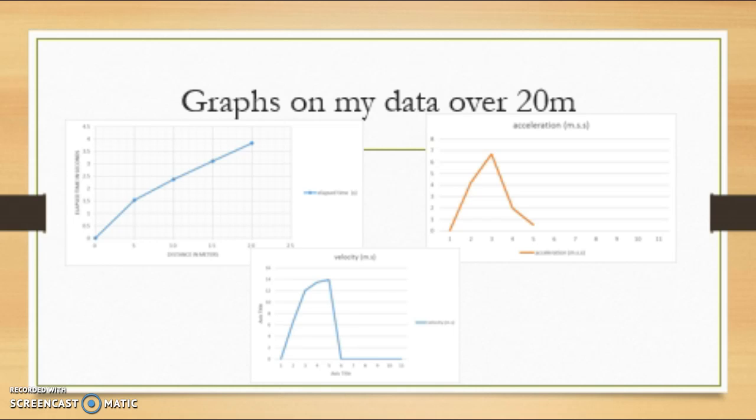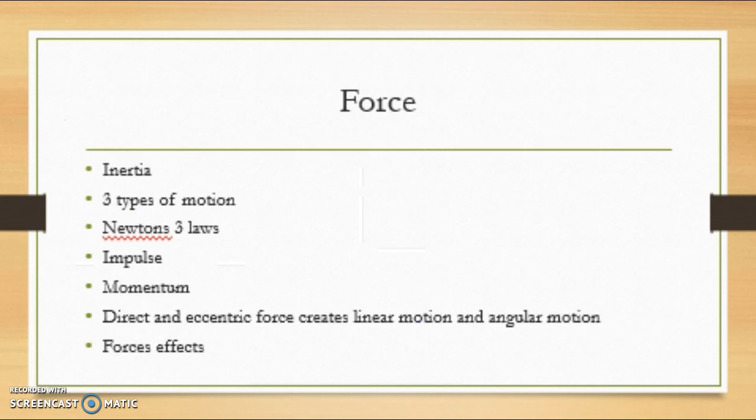So although it's my calculations, taking this into basketball and into a team, you could have everyone's speed, everyone's acceleration, everyone's velocity, and you can compare each other, and basically you can see where your slower players are, and maybe if that's the right position for them, if they're slacking a little bit, whether they need improvement.